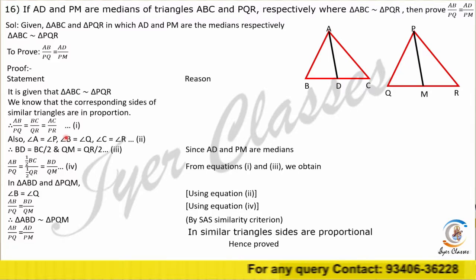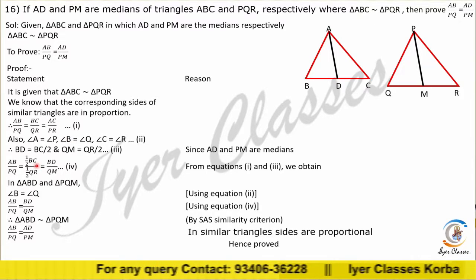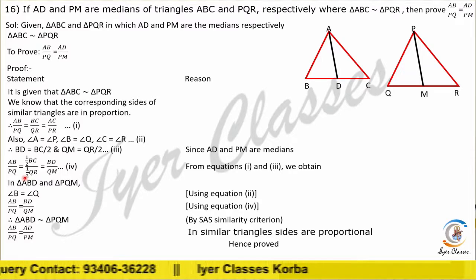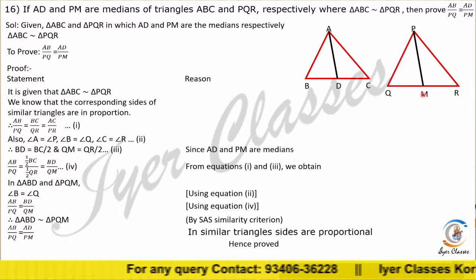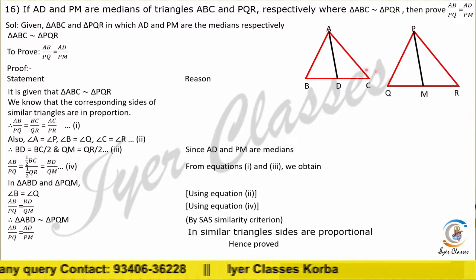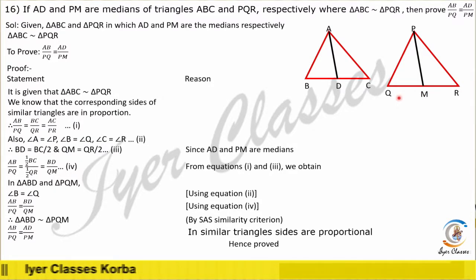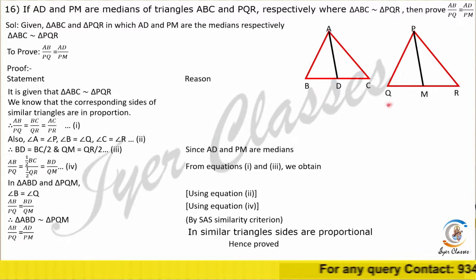Now, instead of BC by QR, put half of BC and half of QR. What is half of BC? Instead of that, we can write it as BD and QM, right? So, if you consider triangle ABD and triangle PQM, you have angle B equal to angle Q. And also you have AB by PQ equal to BD by QM.